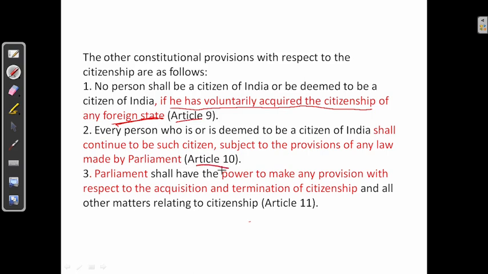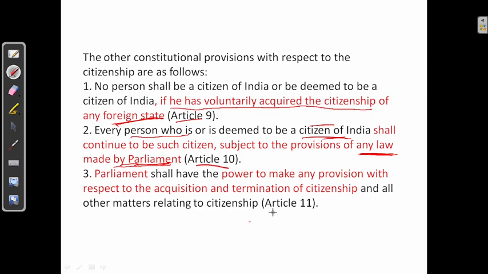Next, Article 10 says, every person who is or is deemed to be a citizen of India shall continue to be a citizen subject to the provisions of any law made by the Parliament. Okay, if any person wants the citizenship of India, then the laws made by the Parliament also apply to this person.